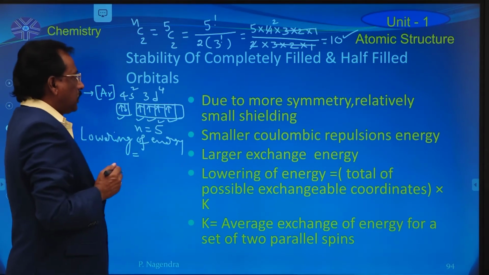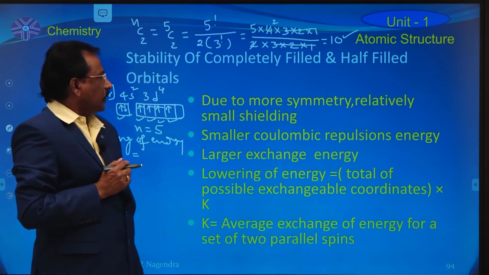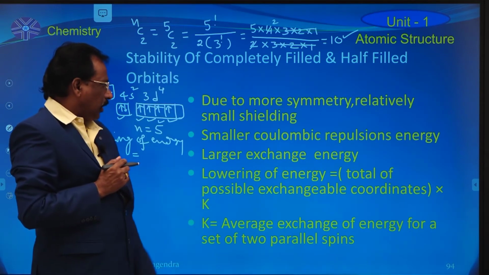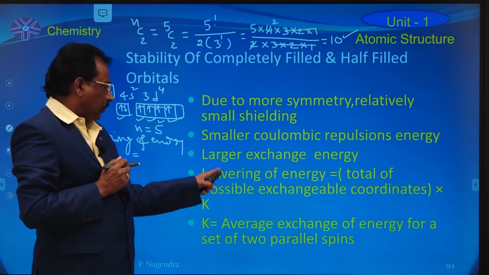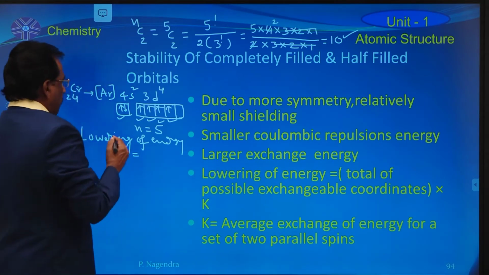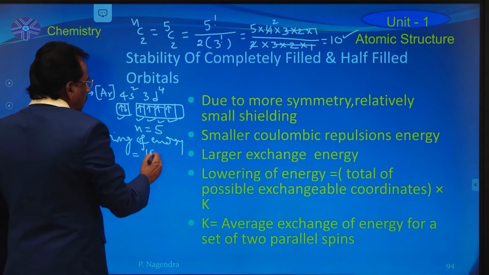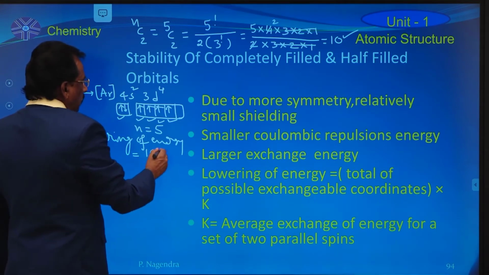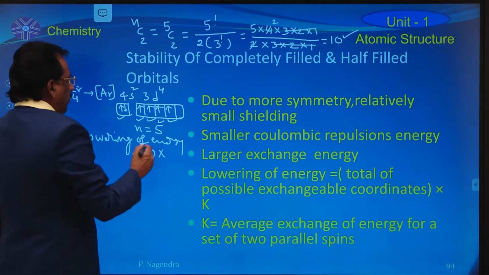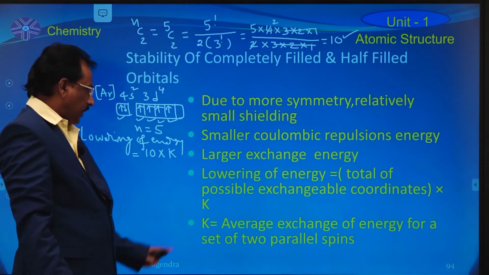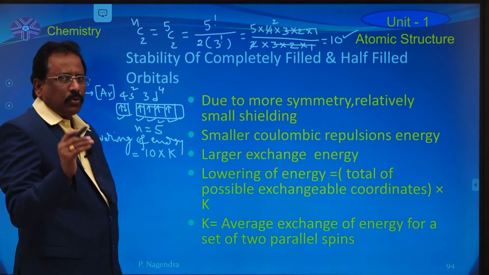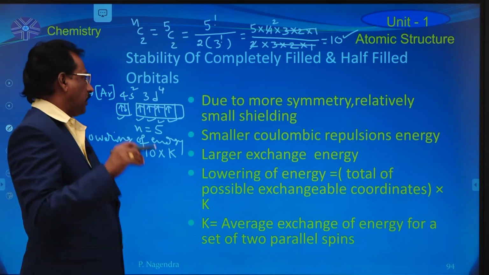Now from this formula, the lowering of energy is equal to the total number of possible exchange coordinates, that means 10 into k, where k is the average exchange energy for a set of 2 parallel spin electrons.